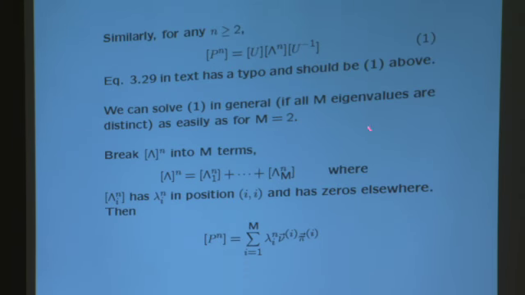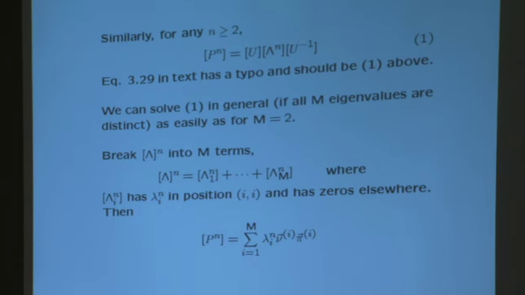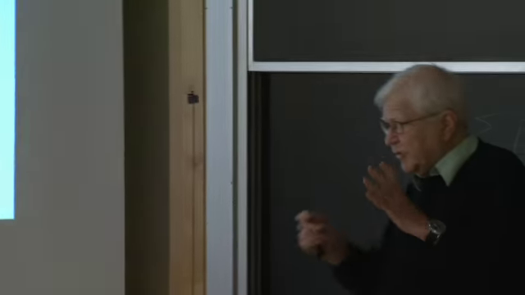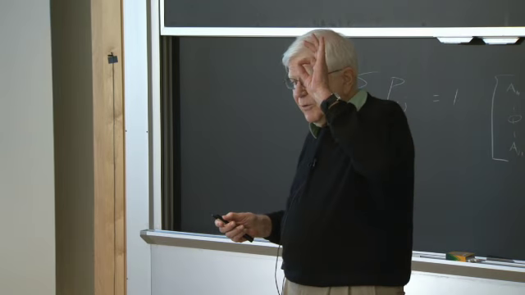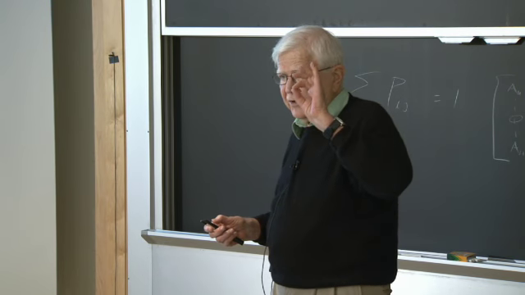You can solve this in general if all the m eigenvalues are distinct as easily as for m equals 2. This is still valid so long as the eigenvectors span the space. Okay, so now the thing we want to do is relatively simple. This lambda to the n is a diagonal matrix. I can represent it as the sum of m different matrices, and each of those matrices has only one diagonal element non-zero.